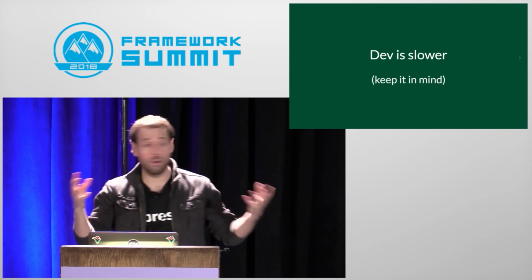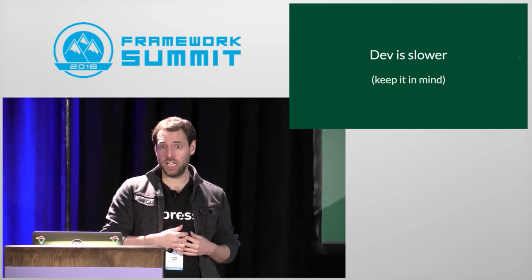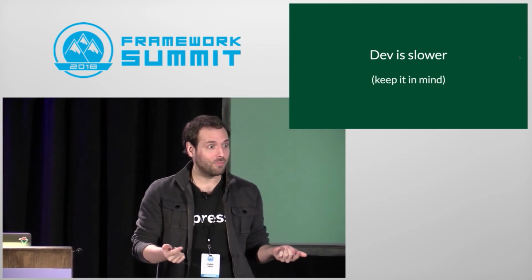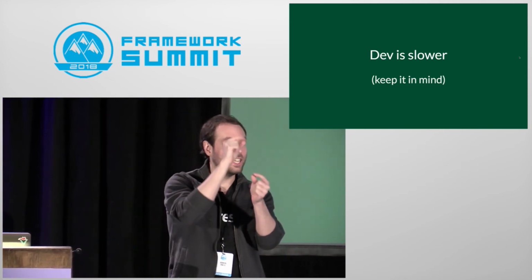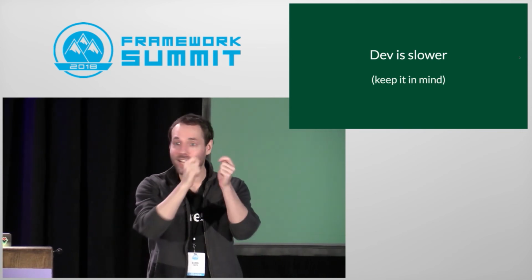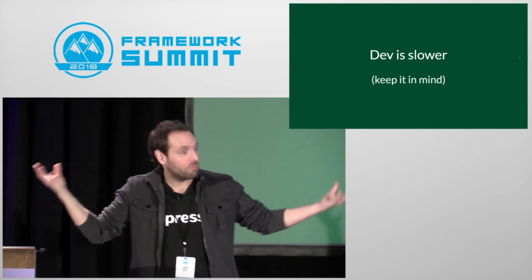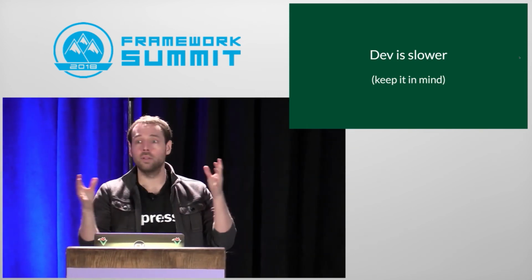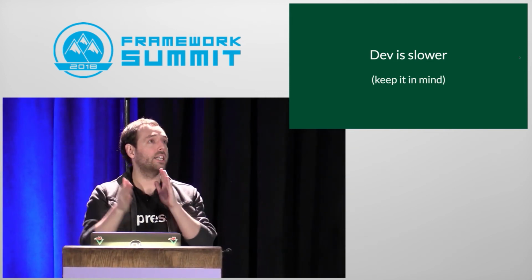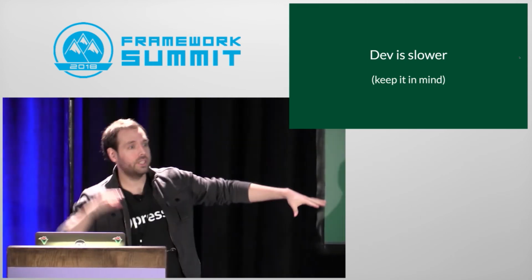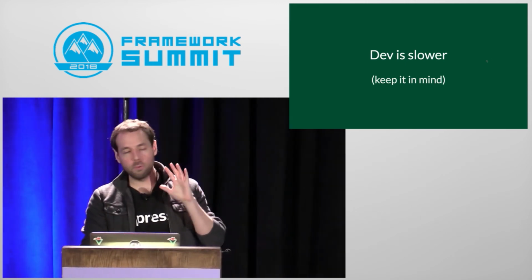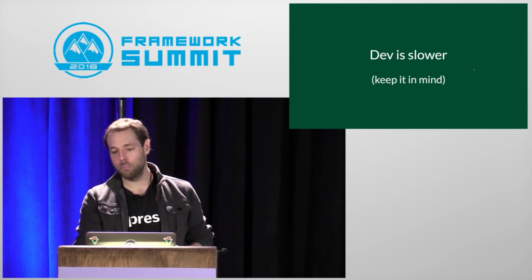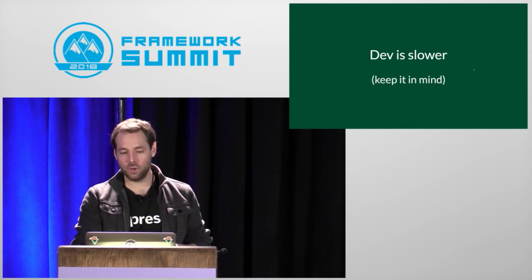And the reason all of our frameworks are slower in development is because we do nice things like give you warnings when you do something wrong. And giving you a warning requires checking to see if you did something wrong, and checking to see if you did something wrong is computationally expensive. And different frameworks will have different speed differences between dev and production. But remember, always before you spend a whole week trying to optimize something, make sure you actually have a problem, build it for production, see how it works there.